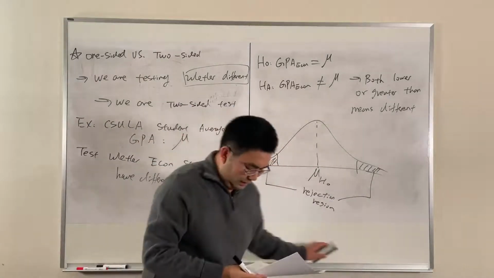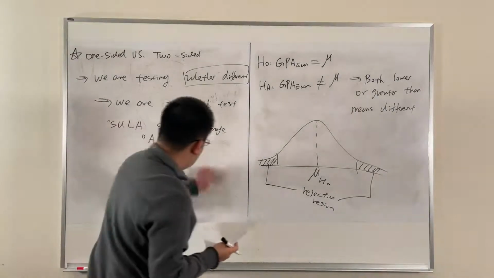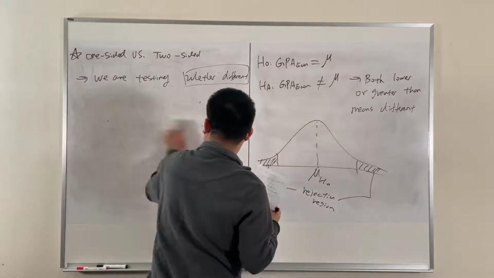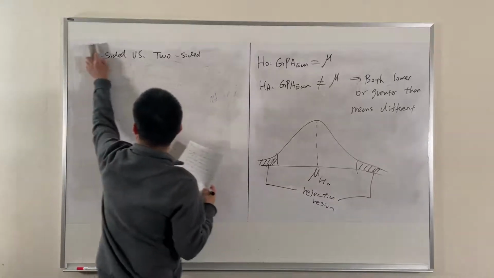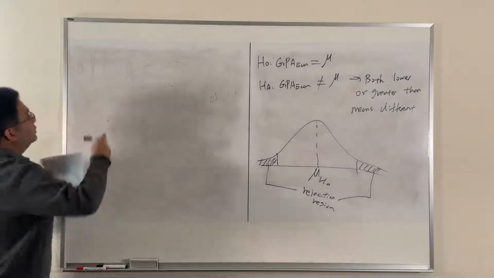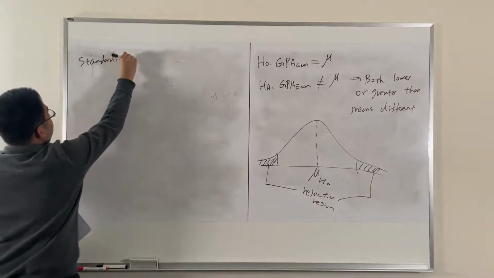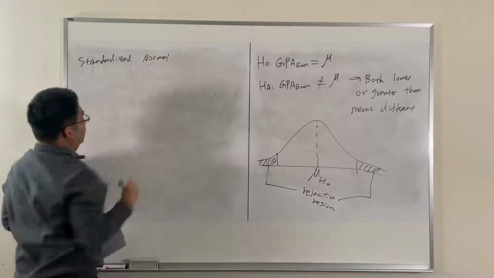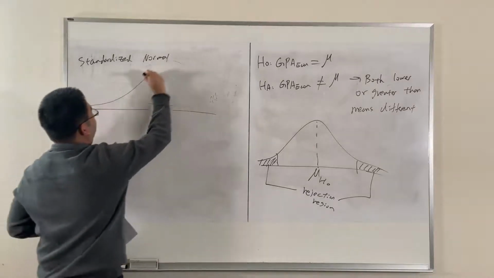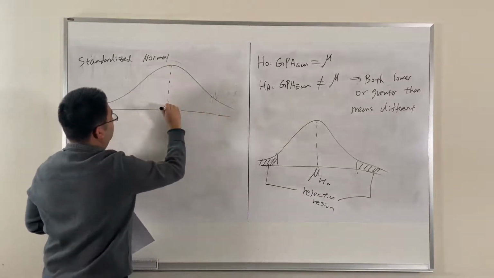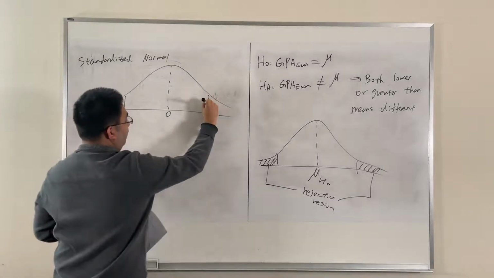Okay? And once you do the standardization, or standardized normal, right? Then what we're looking at is 0 in here, and then critical values here, and critical values here.